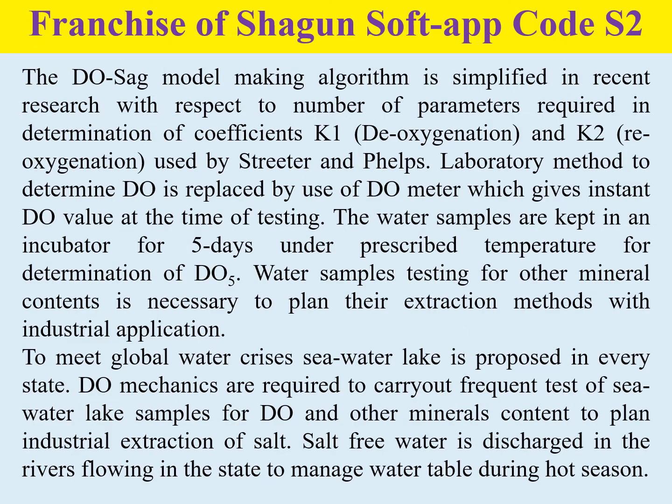The DO-SAG model making algorithm is simplified in recent research with respect to a number of parameters required in determination of coefficients K1, that is deoxygenation, and K2, that is reoxygenation, used by Streeter and Phelps. Lab method to determine DO is replaced by use of DO meter, which gives instant DO value at the time of testing.